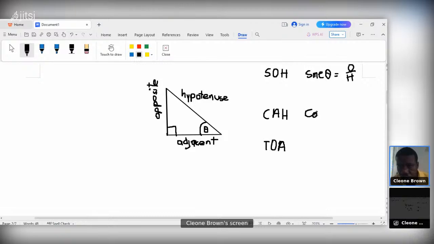Cosine of the reference angle, or theta, is equal to adjacent over hypotenuse. And tan theta is equal to opposite over adjacent.